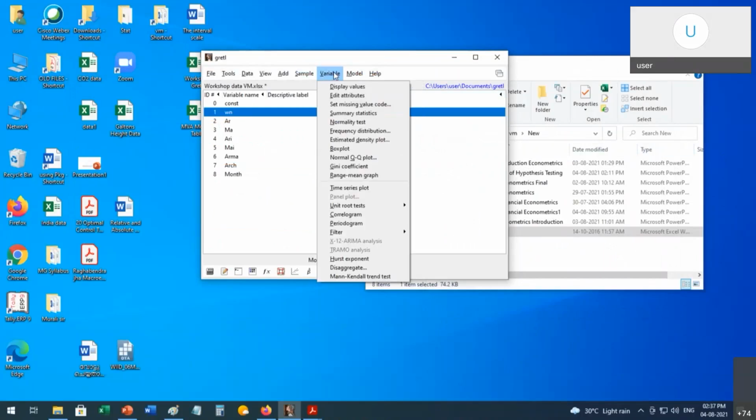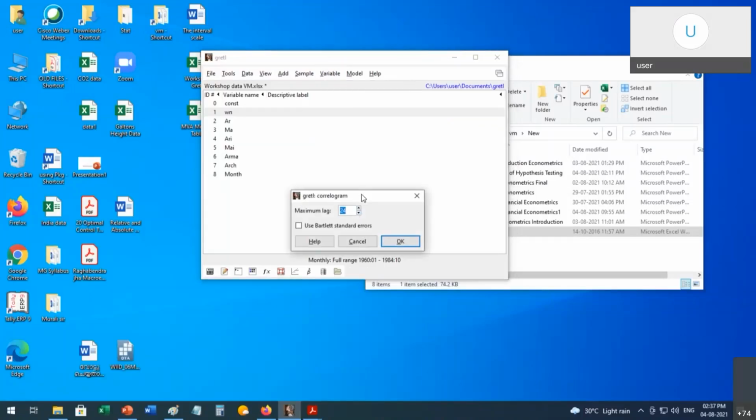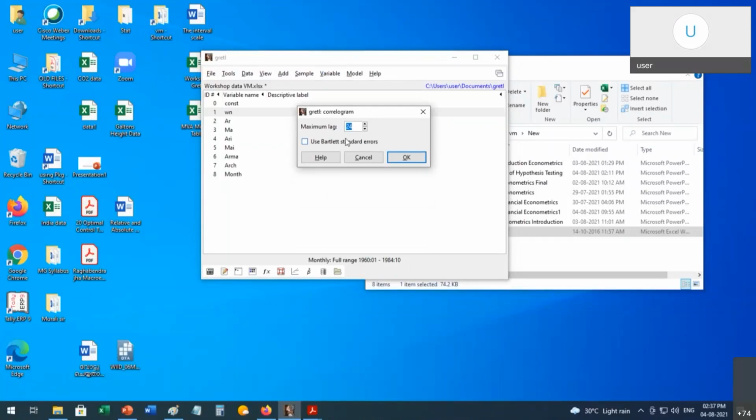Then go to the variable. Then we have correlogram. Click this one, correlogram. And then we have to enter the maximum lag. Sir, it is selecting the maximum lag itself. No, there is no rule for that. It is better we leave it to the computer.